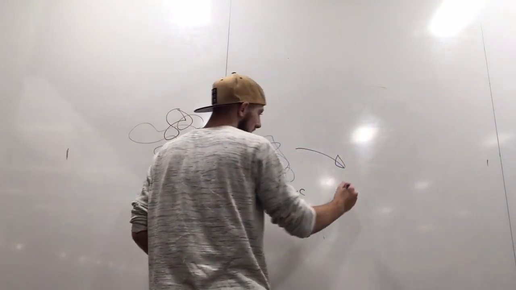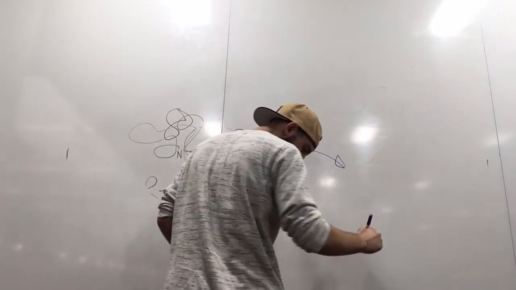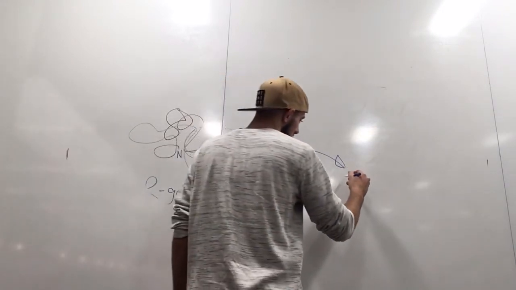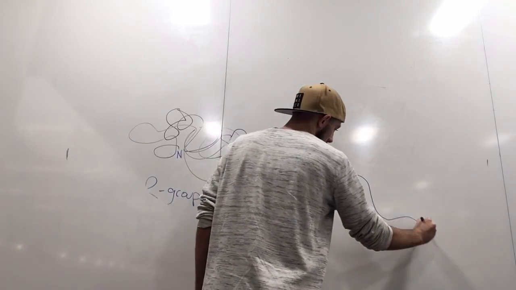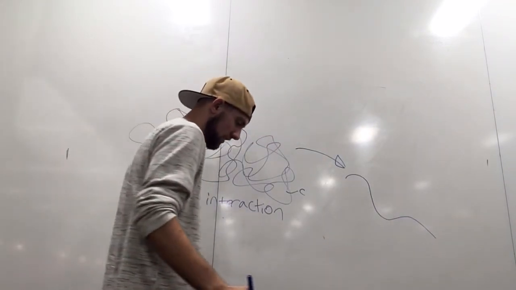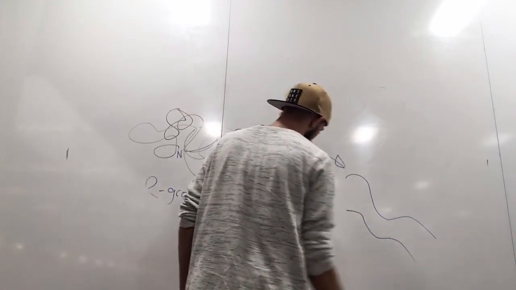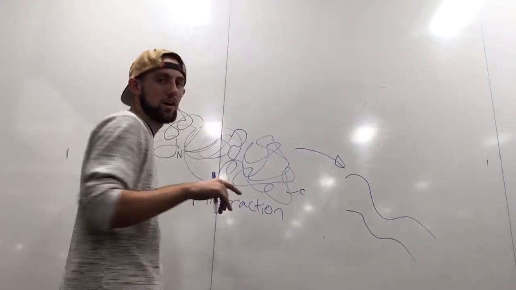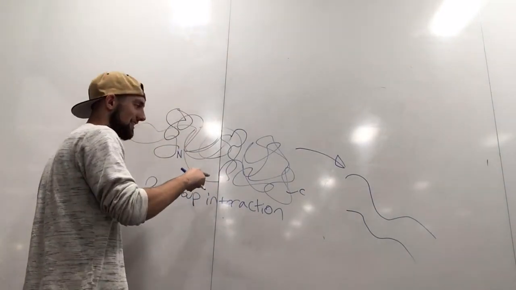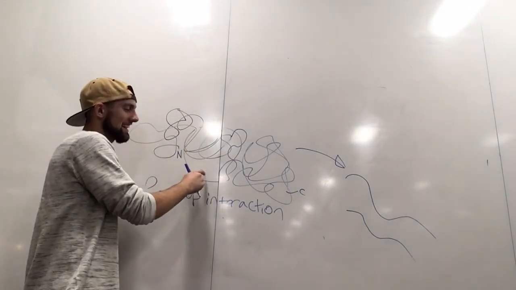We can denature it to where we break down those bonds to where it's just one chain, and then technically we have two chains. We have a black, we have a blue.